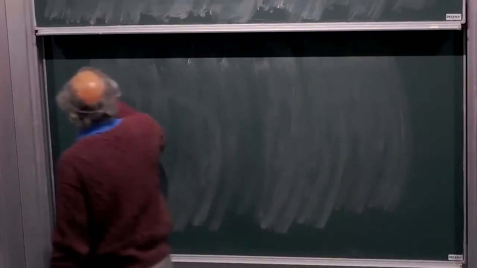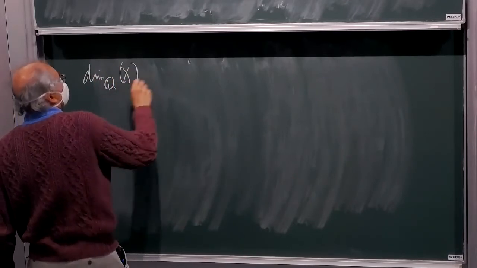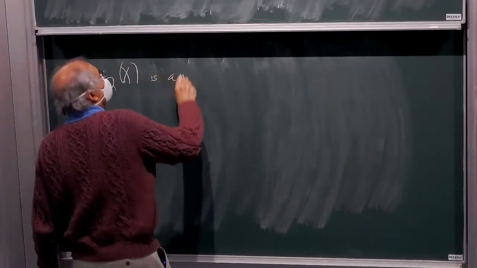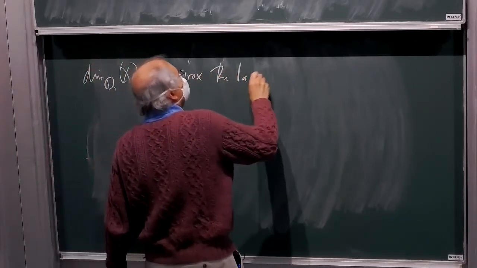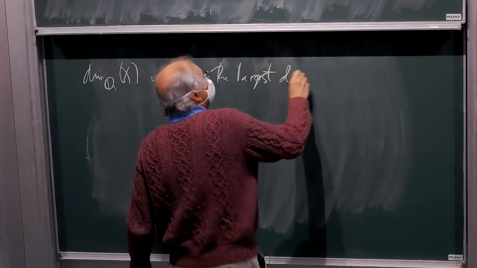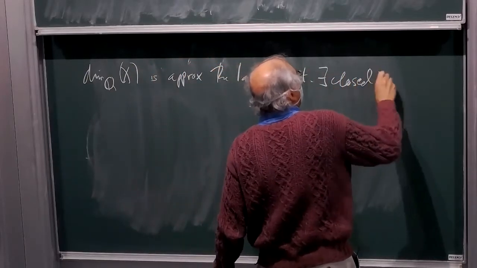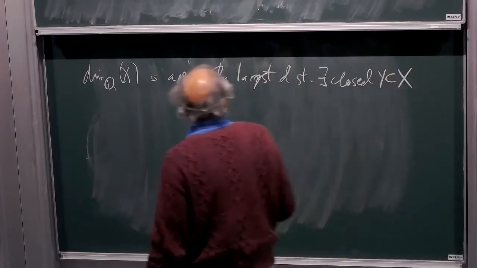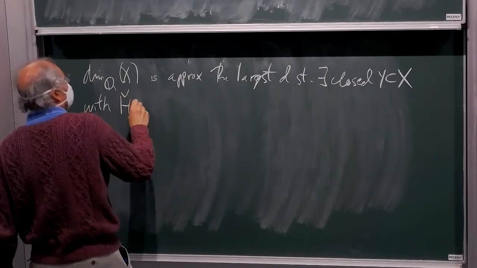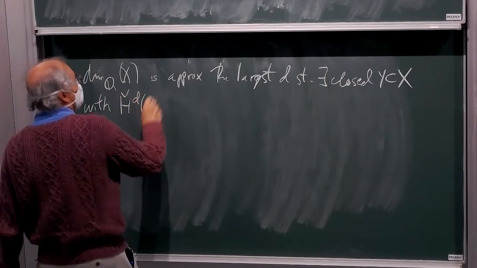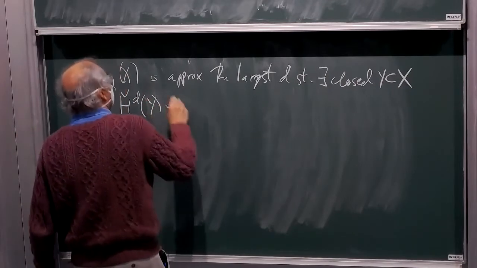So the rational cohomological dimension of X is approximately the largest D such that there exists a closed subspace Y with Čech cohomology in dimension D of (X, Y) not 0.